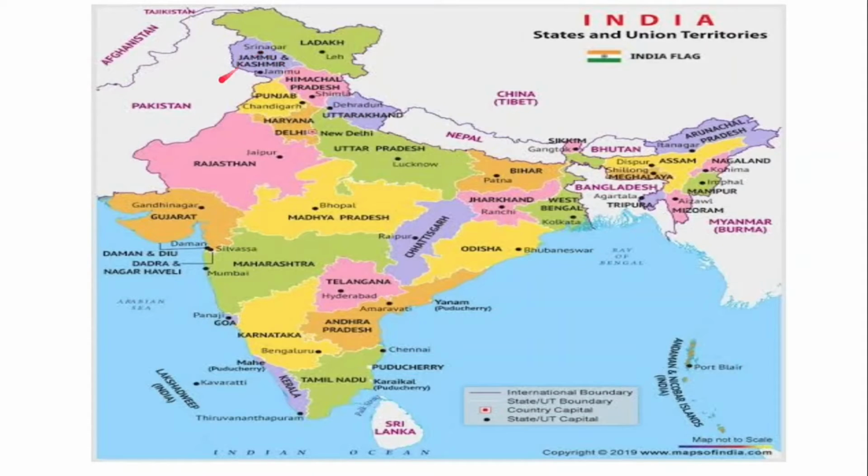Pakistan: bordering states are Jammu and Kashmir, Punjab, Gujarat, and Rajasthan. Only 5 out of 29 Indian states have no international border or coastal line. Those long borders are shared with 7 countries that we have seen now: China, Pakistan, Bhutan, Myanmar, Afghanistan, Nepal, and Bangladesh.